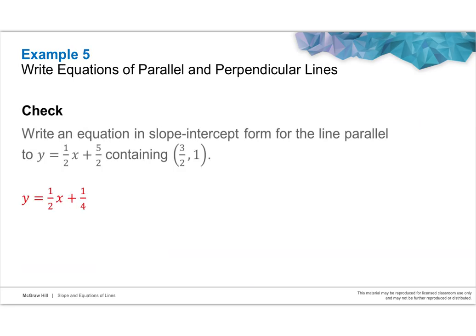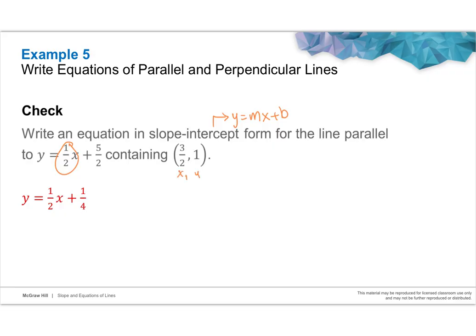And for our final check on example 5 on page 220, we're looking to write an equation in slope-intercept form. So, whoops, wrong tool. If we remind ourselves that, of course, we're ending with y equals mx plus b again, but notice what we're starting with is running parallel. So we have our slope of 1/2 and going through a point.